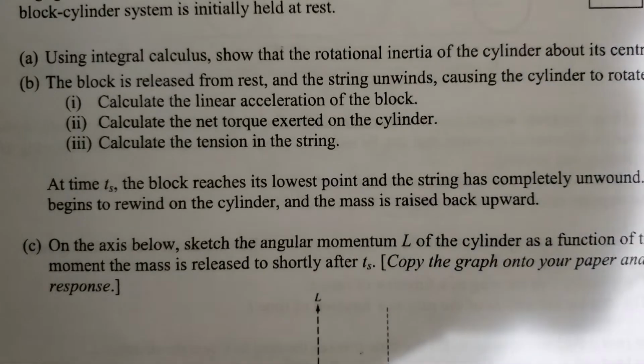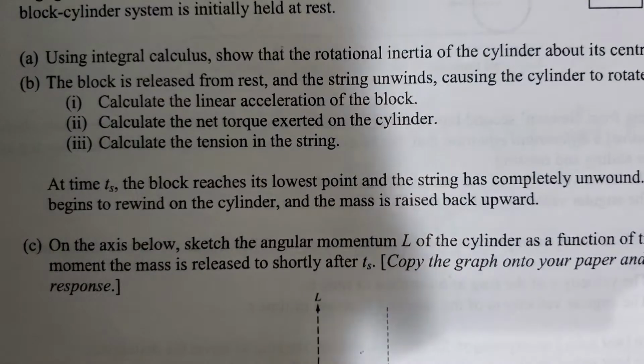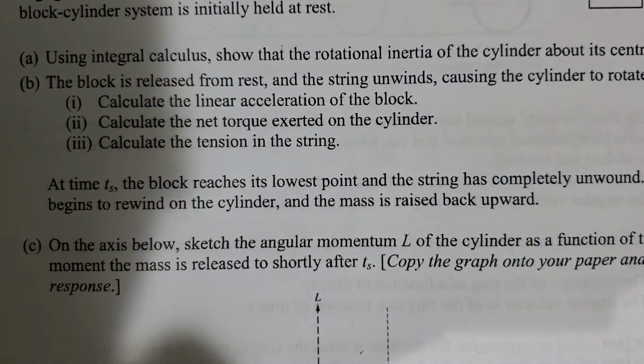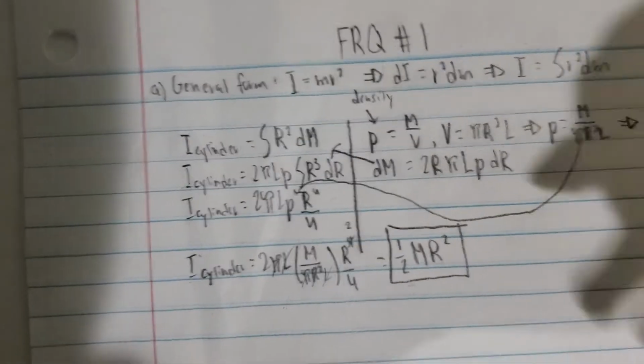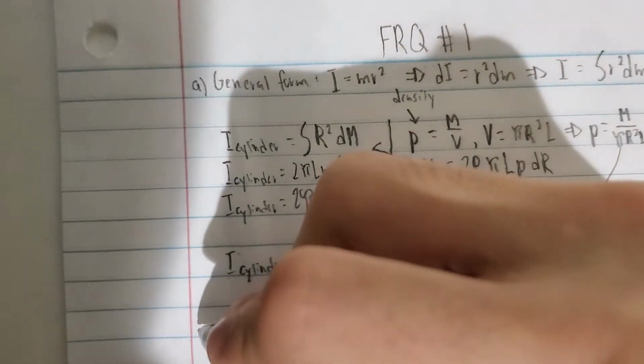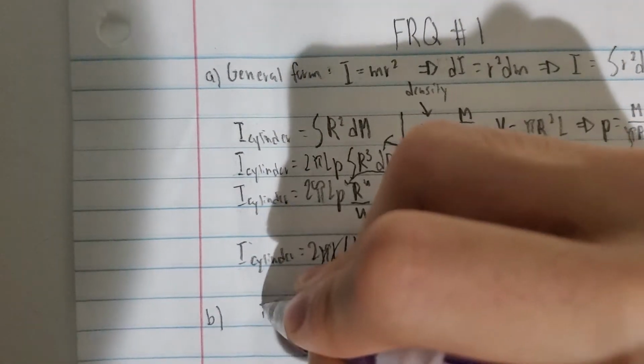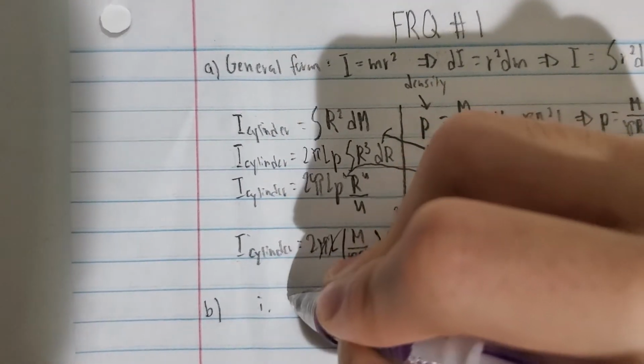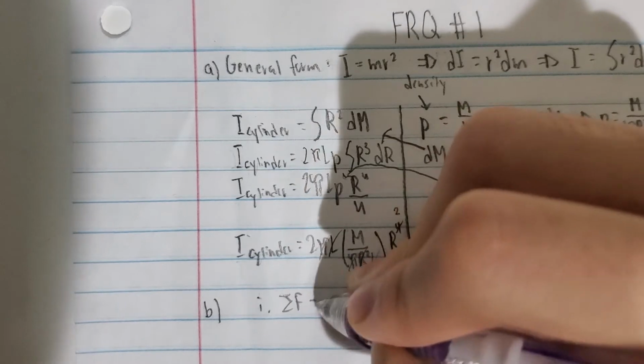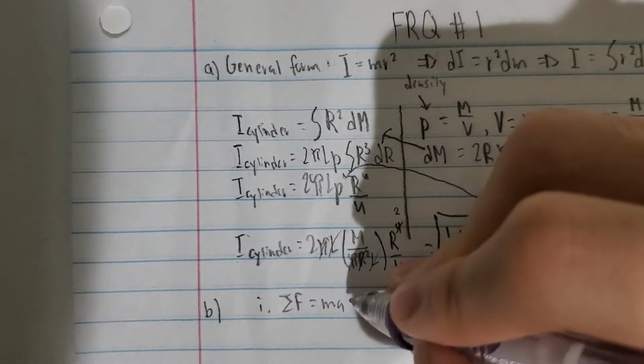So the first part of part B asks us to calculate the linear acceleration of the block. To calculate the linear acceleration of the block, I'm going to use the classic Newton equation, that is total force is going to be equal to mass times acceleration.